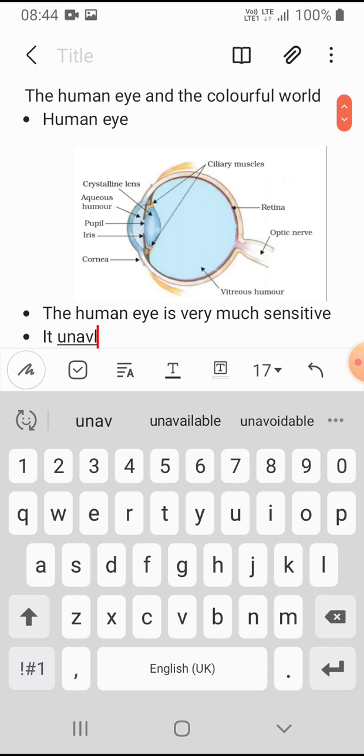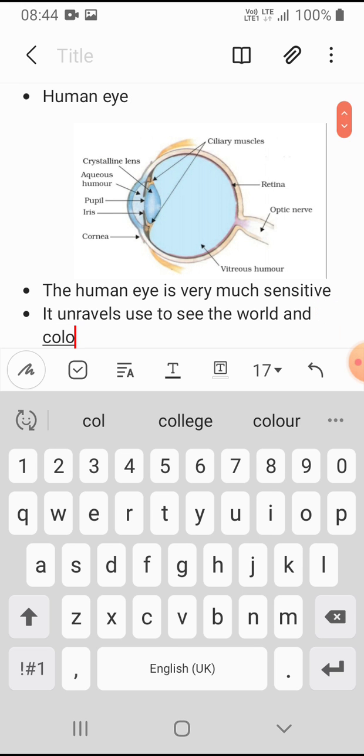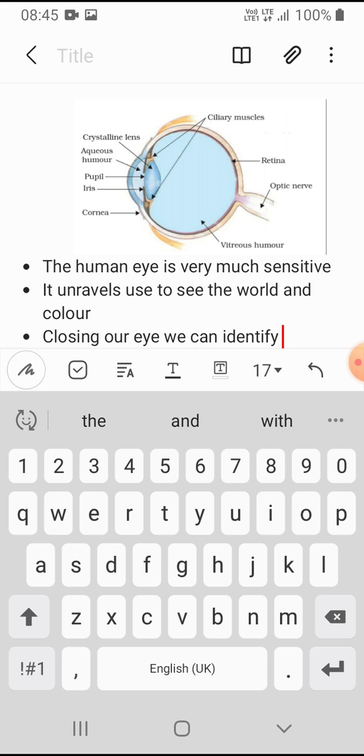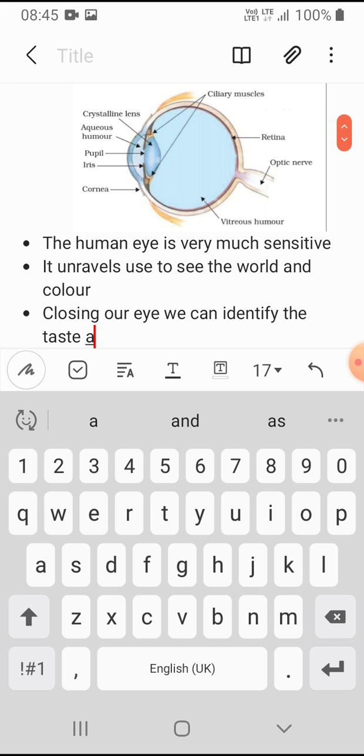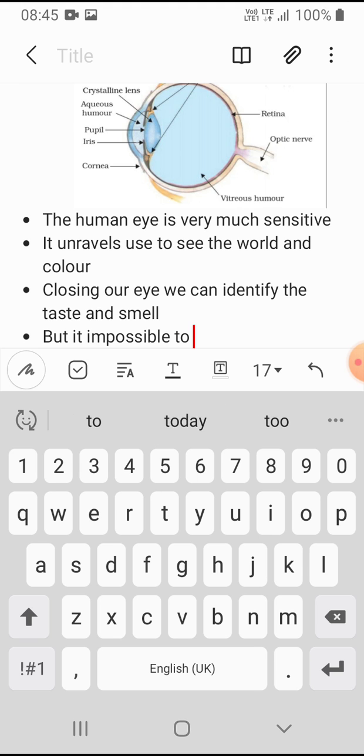It enables us to see the world and its colors. By closing our eyes, we can identify taste and smell, but it is impossible to identify color by closing our eyes.